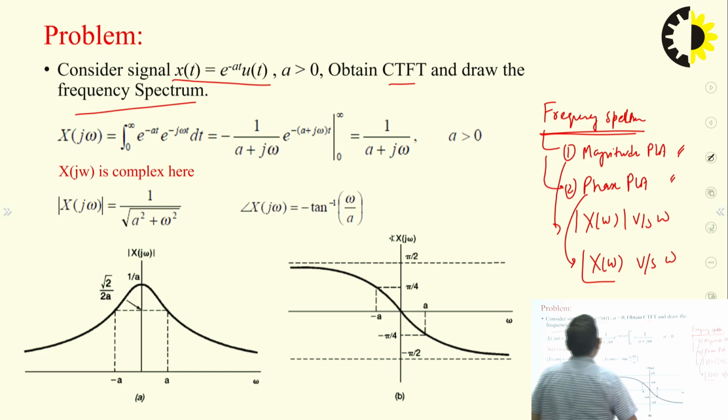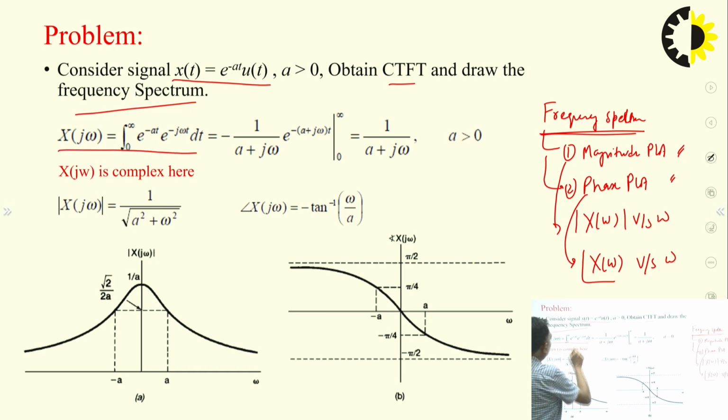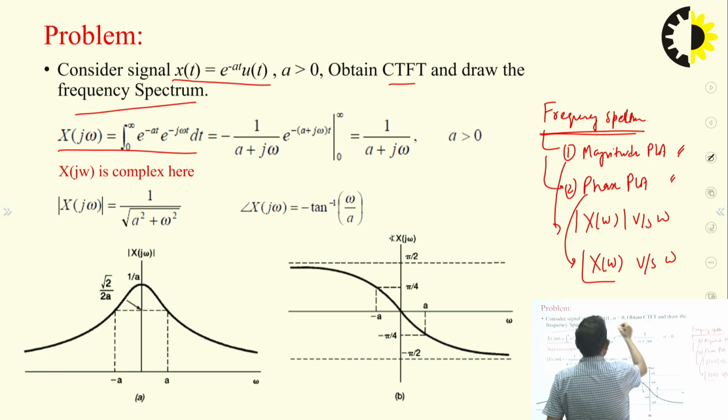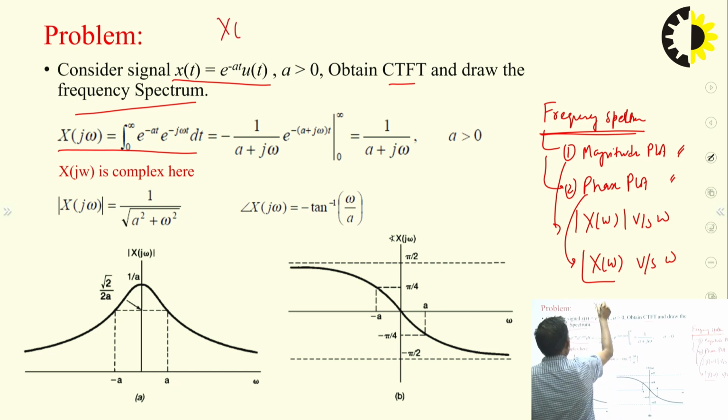Okay, so here we can see how we will calculate the CTFT and how we will draw the frequency spectrum. This is the expression we have seen for the Fourier transform: X(jω) equals integral from 0 to infinity of e^(-at) e^(-jωt) dt. You can see how we have obtained it.